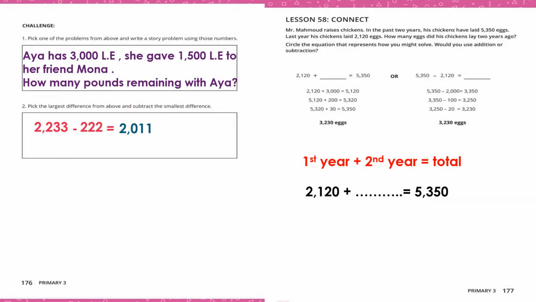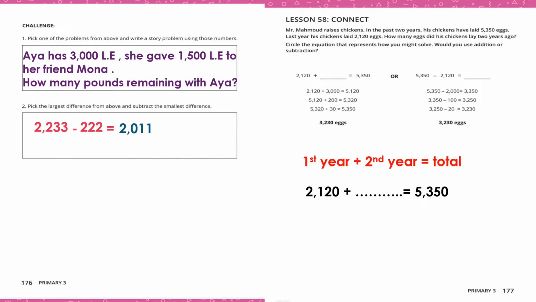And in the second year, they laid another number of eggs, but we don't know this number. And the total of both equals 5,350. We wanted to get the number of eggs in the second year.